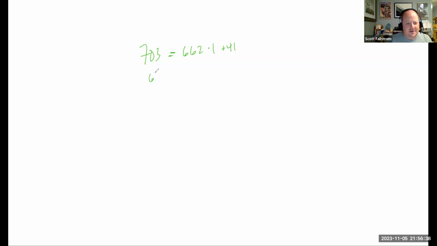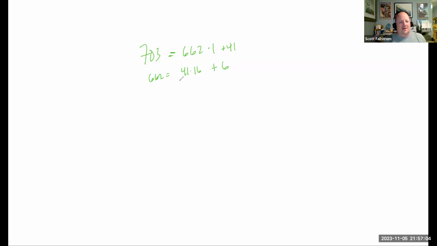So 703 minus 662 gives me 41. And let's see here, 662 equals 41 times how many? 662 divided by 41 gives me 16.14, so that's 16 times. So minus 41 times 16 leaves me a remainder of 6. Okay.